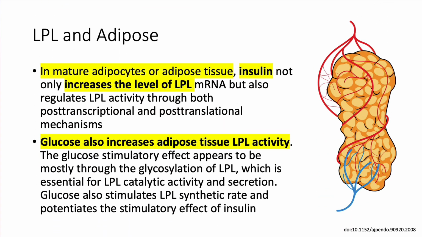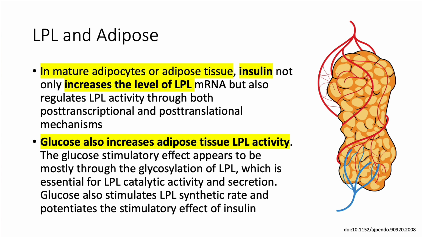So now let's bring it back to LPL and adipose. In mature adipocytes or adipose tissue, insulin not only increases the level of LPL mRNA, but also regulates LPL activity through both post-transcriptional and post-translational mechanisms. Glucose also increases adipose tissue LPL activity.